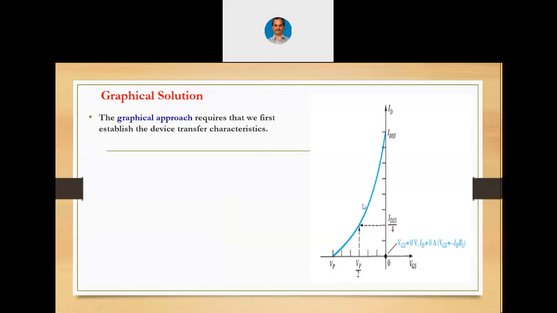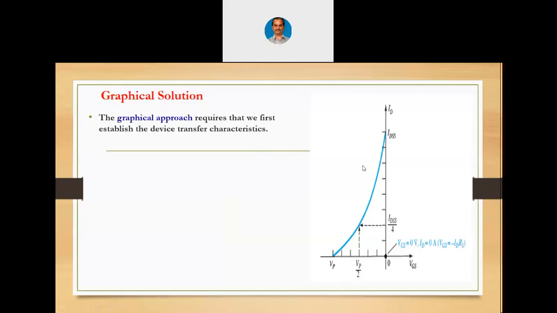So that way you get 2 points, one on the x-axis, one on the y-axis. Another thing is when you have 0.3 VP and 0.5 VP, correspondingly you will have IDSS by 4 and IDSS by 2. Based on that, we can construct the transfer curve.